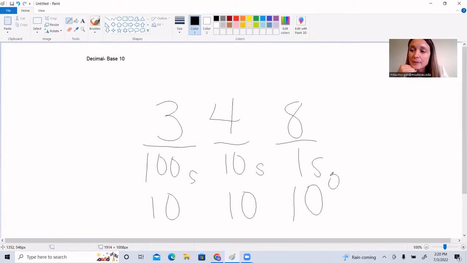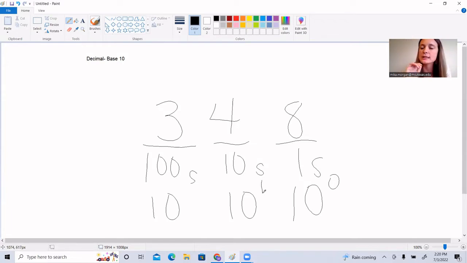Any number to the power of 0 is 1. That's just a mathematical rule. If you remember your exponent rules from probably high school, any base raised to the power of 0 equals 1. So if I have a base 10 and I raise it to the 0 power, 10 to the 0, my first digit is my ones place.